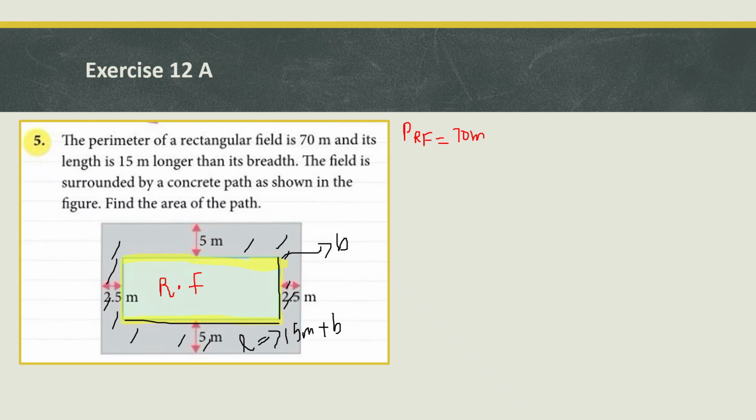This is a larger rectangle and this is the rectangular field, so the distance between the larger outer rectangle and the inner one is basically the gap. These gaps are mentioned: top and bottom is 5 meter, 5 meter, and right and left is 2.5 meter and 2.5 meter. Okay, let me erase it and write it clearly.